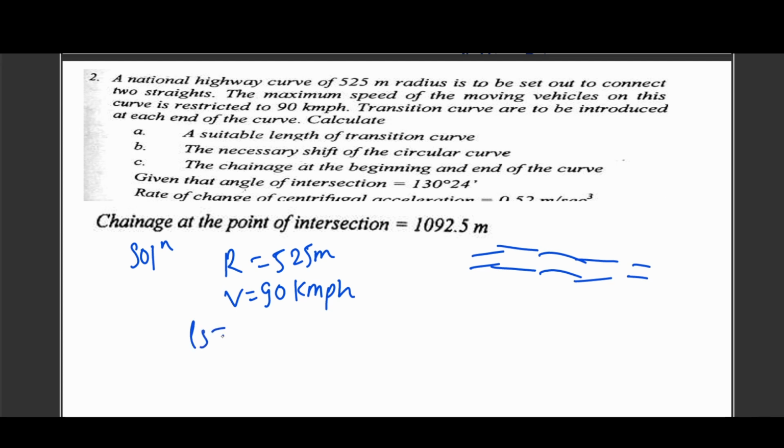So we need to calculate the length from these three formulas, that is V cube by 47CR. For that, C equals 80 by 75 plus V, where V is given as 90. So the value will be 80 by 75 plus 90 equals 0.48.